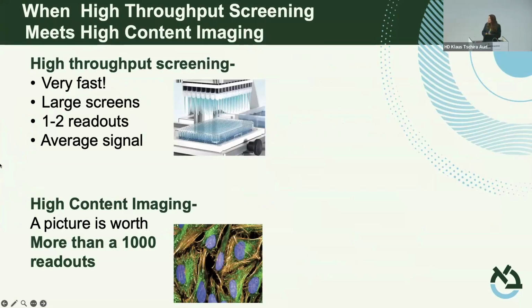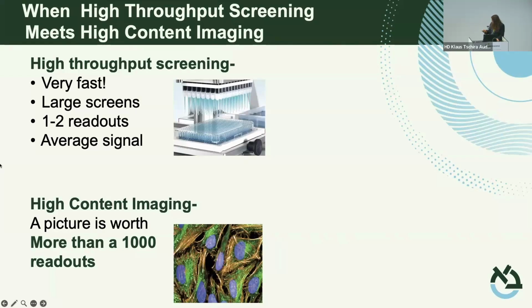It usually gives just one readout parameter that we measure and gives an average of the signal over the entire well. So we don't have the spatial resolution, just very, very powerful statistics.